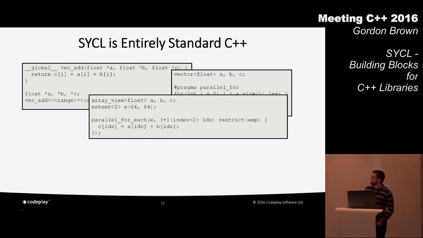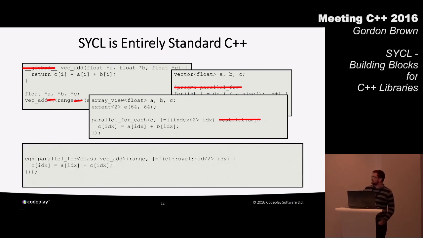And then this is an example of C++ AMP. In C++ AMP, you have this restrict keyword that you use to decorate a lambda to say this is a device function. But in SYCL, you don't have any attributes, there's no extended syntax, there's no pragmas, there's no extra keywords. It's just entirely standard C++. So any SYCL application can be compiled with any standard C++ compiler. There's no exceptions.